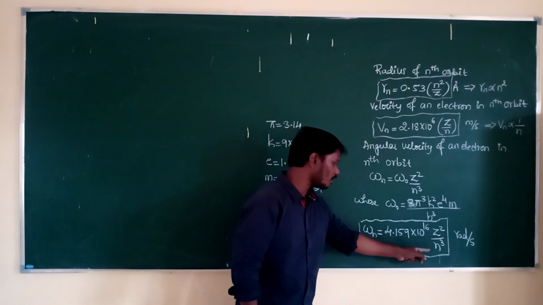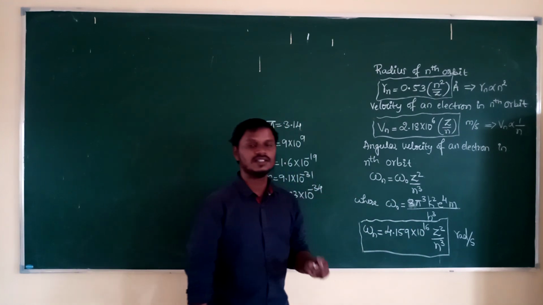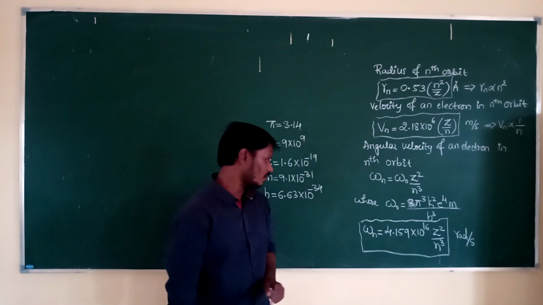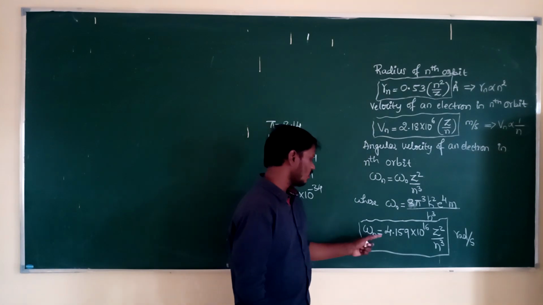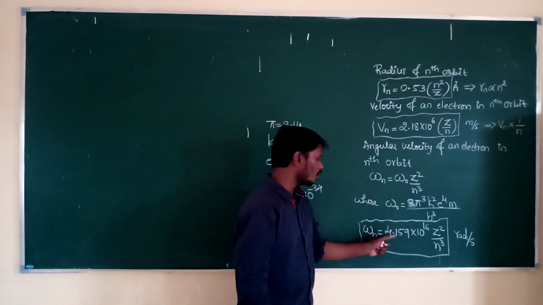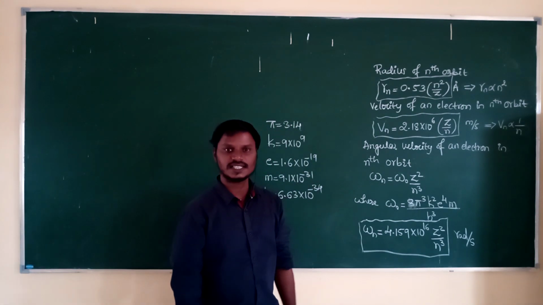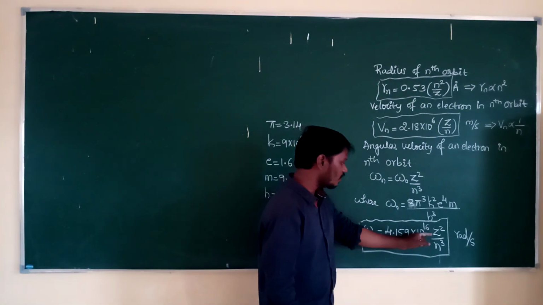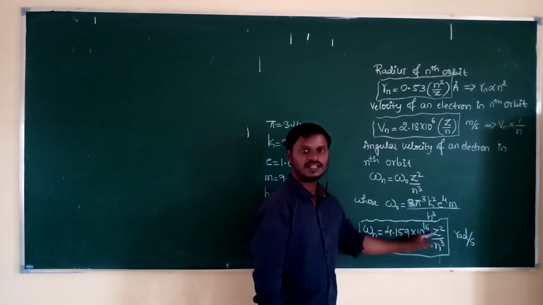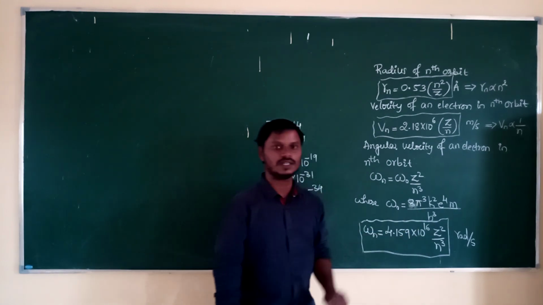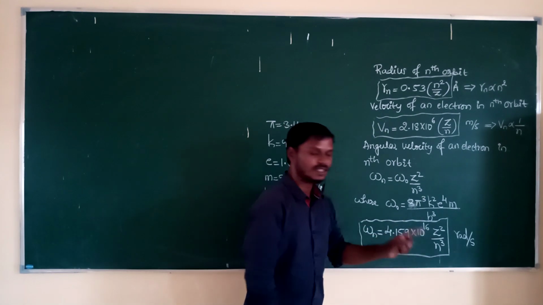And in case of the first orbit, the n value is 1. In the first orbit of the hydrogen atom, what is the angular velocity? That is omega 1 = 4.159 × 10^16 radian per second, because for the hydrogen atom Z is 1 and for the first orbit n is 1. Then 1 square by 1 cube is again 1.